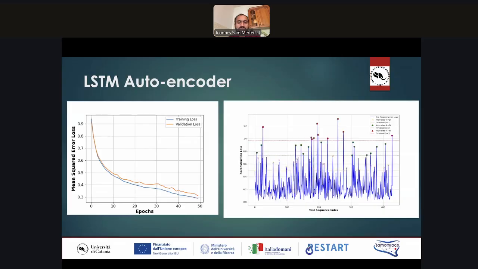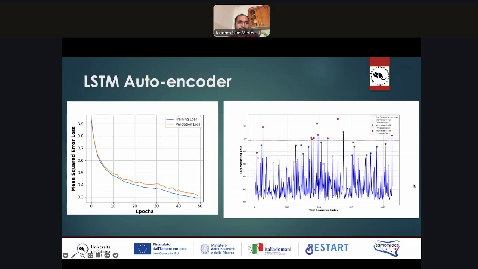And these were some of the results we obtained. Of course, the model was training well, with good training and validation loss. And on the right side, you can see the reconstruction loss here for a particular patient. And you can see, depending on the threshold you set here, how the anomalies will be detected. Okay, so depending on the threshold, you will see if there will be fewer anomalies or more anomalies.